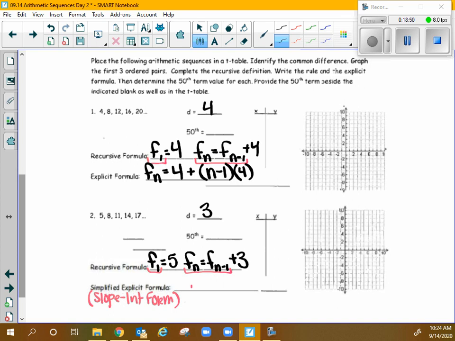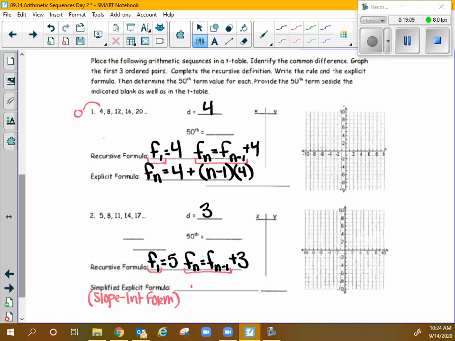And then do distribute the 4. If you're simplifying it, you do. Because if I went back and found my 0 term, it would be 0, right? Everybody agree with that? Yeah.